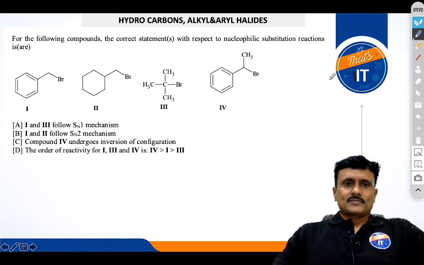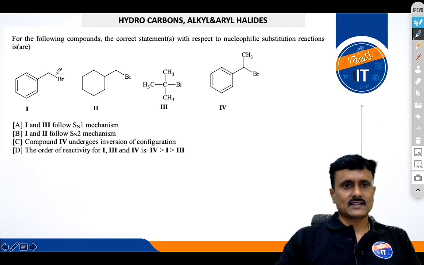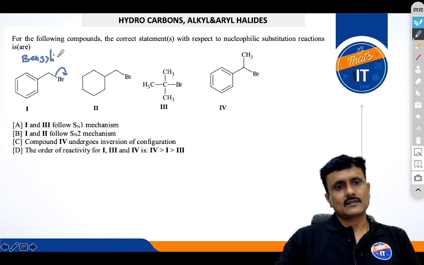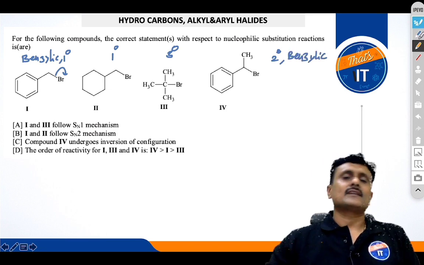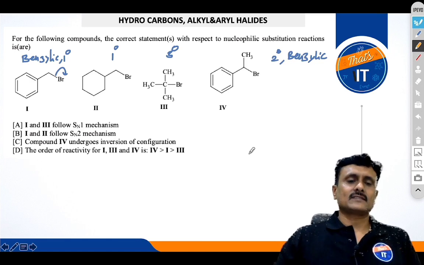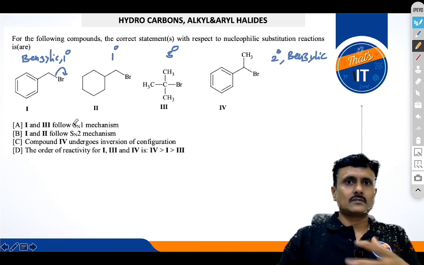You have got 4 substances and you have to write the correct statement. You can see this is benzylic. When this is going out, this is benzylic and 1 degree. This is normal 1 degree alkyl halide, this is 3 degree alkyl halide, this is 2 degree and benzylic, right? First of all, you need to identify what kind of alkyl halides they are, then only we can write SN1, SN2. Now you can see 1 and 3 follow SN1, right?